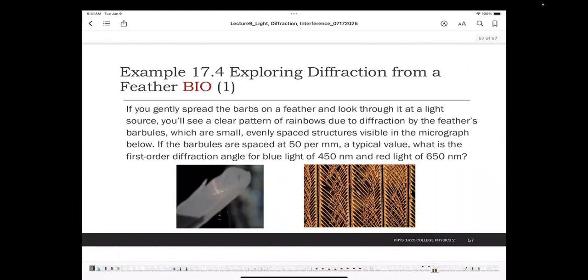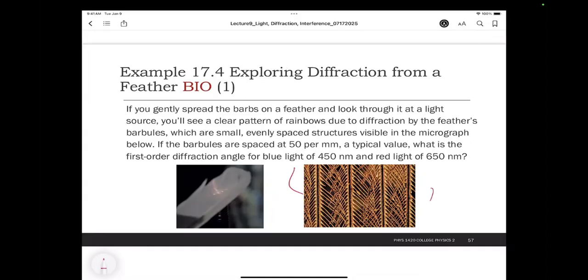Let's talk about one example. Let's explore diffraction from a feather. This is like a biology problem. If you gently spread the barbs on a feather and look through it at a light source, you will see a clear pattern of rainbows due to diffraction by the feather's barbules, which are small, evenly spaced structures visible in the micrograph below.